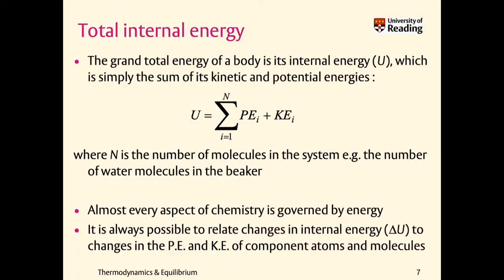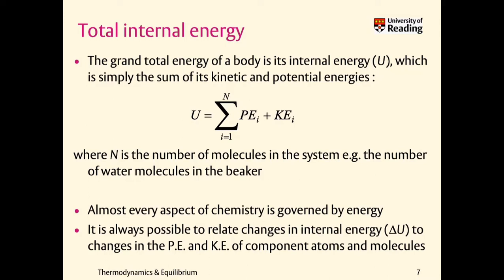The total energy of a system is the total internal energy, and it will be made up of the sum of all the kinetic and potential energies within the system. And you can see this from the equation on this slide. The sigma term, if you don't understand the sigma term, there's some definition of that at the end of this lecture.